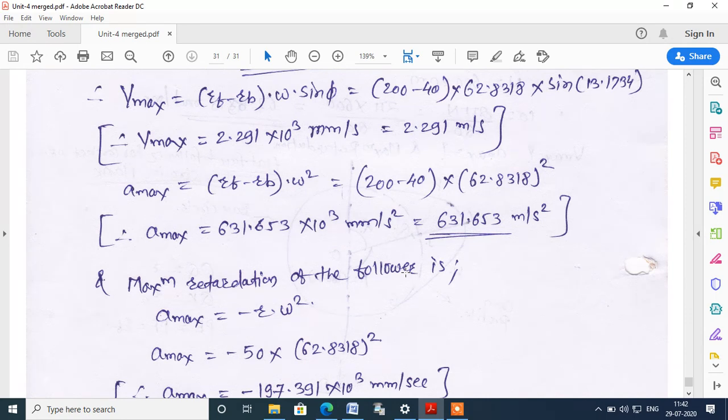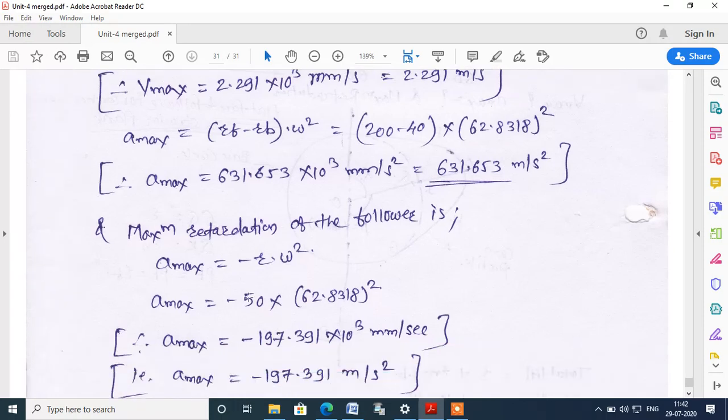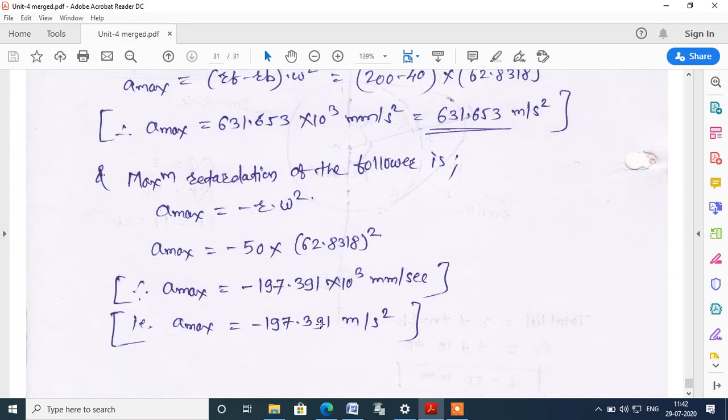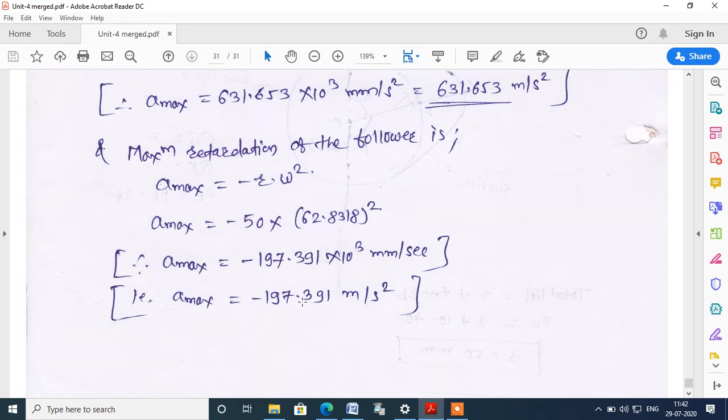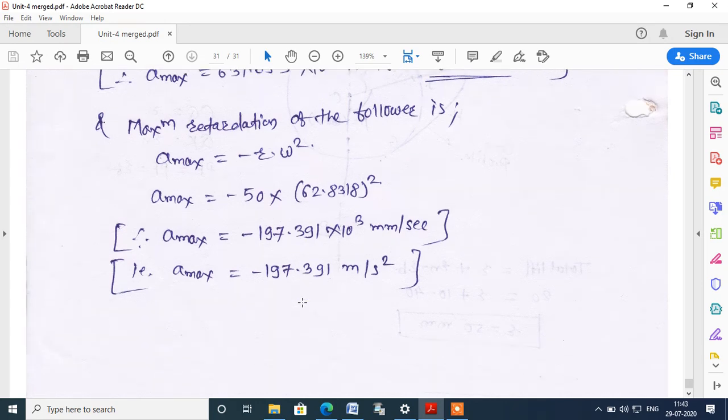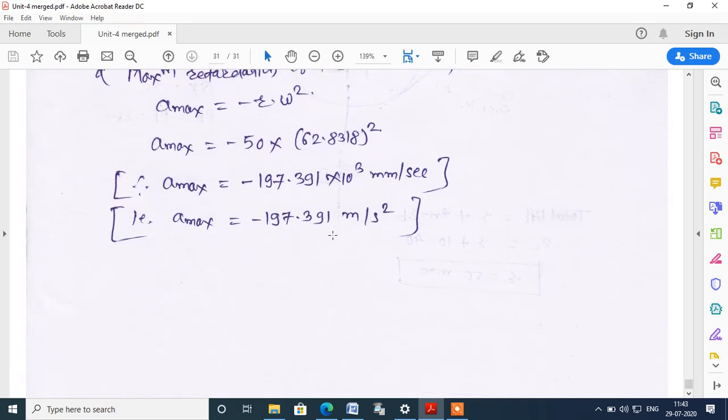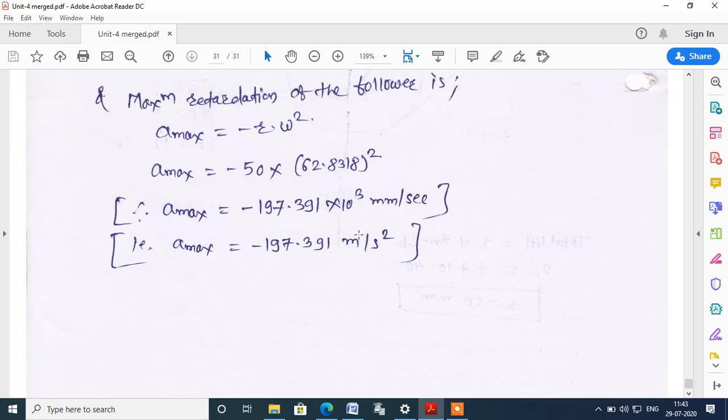Now the maximum retardation of the follower. We have seen Amax equals minus R omega square, the minus showing the retardation. So it is minus 50 into (62.83) square. Maximum retardation comes to minus 197.391 into 10 raised to 3 mm per second square, or minus 197.391 meter per second square. So this way we have to solve the problem.